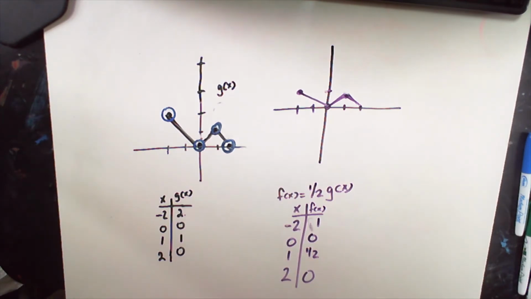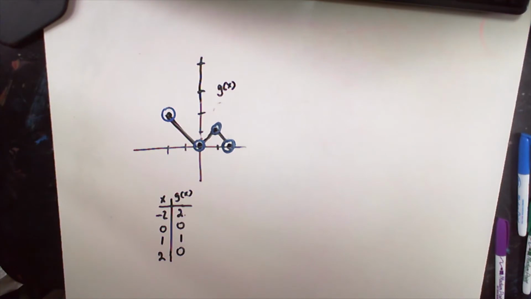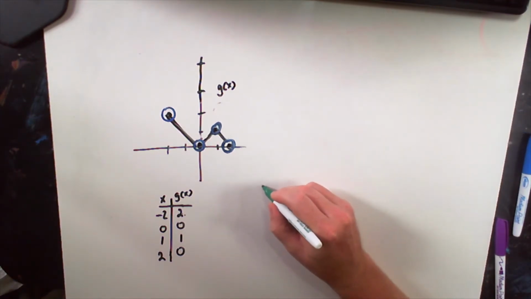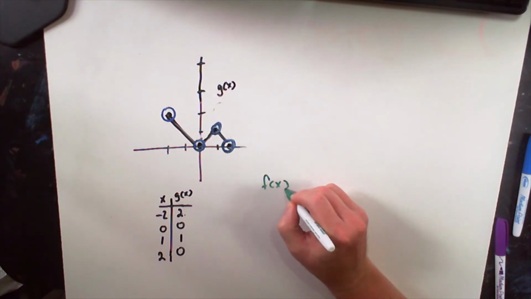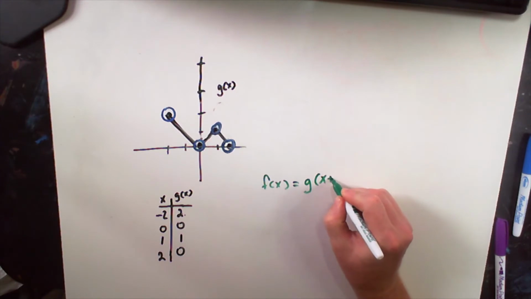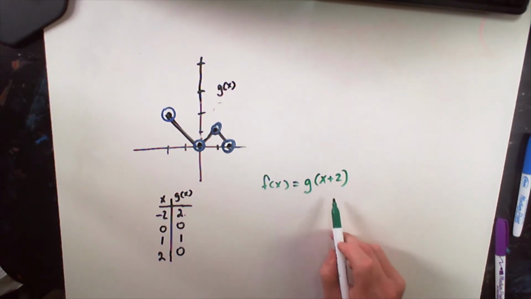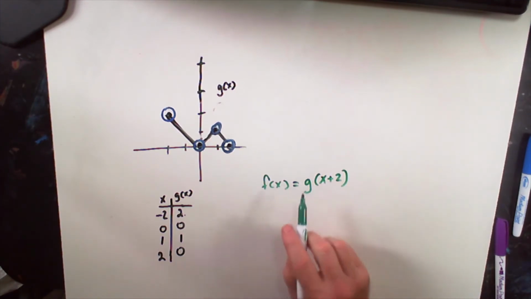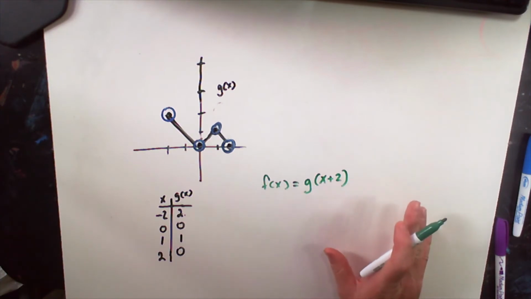We've got f of x equals g of x plus 2. So f of x equals g of x plus 2. Now here there's nothing done to the y, there's nothing done on the outside.